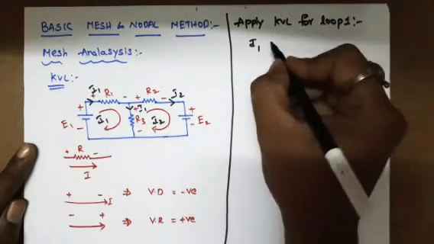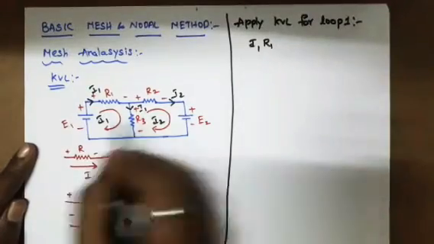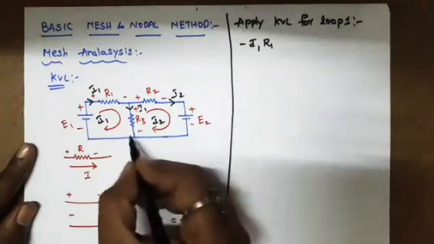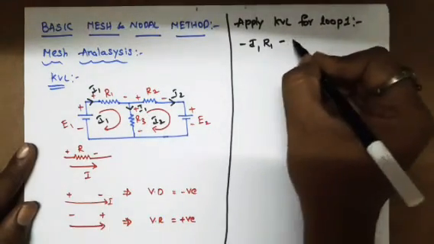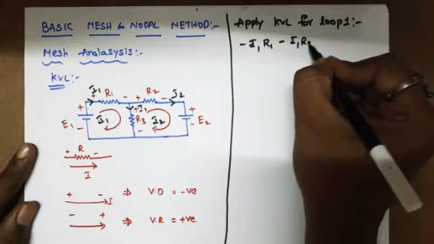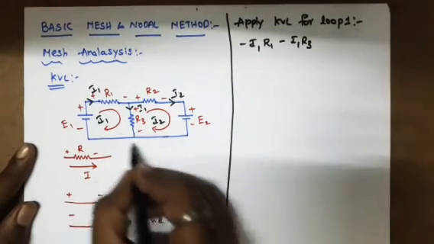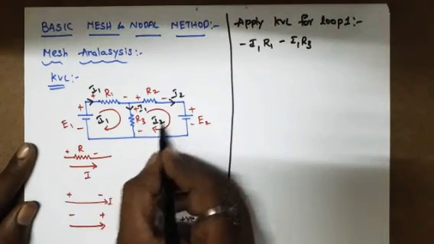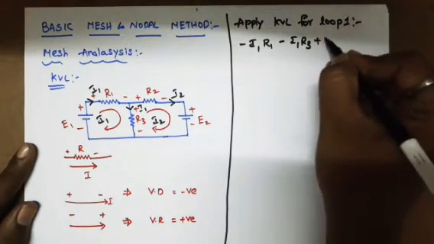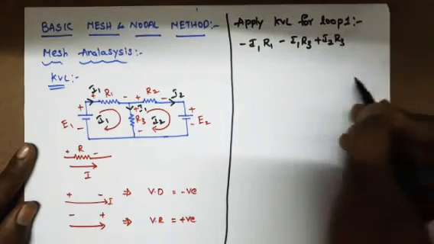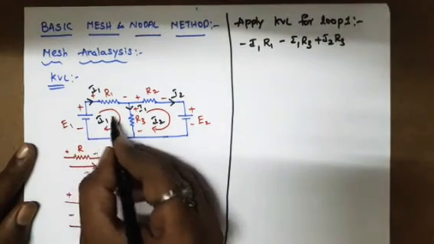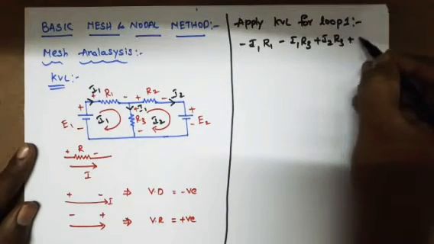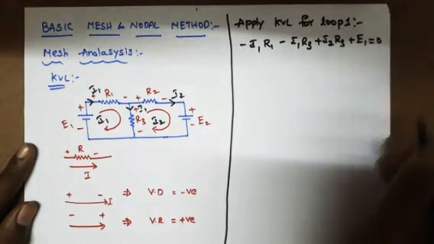So I1 R1, here positive to negative, so a negative sign: minus I1 R1, and again positive to negative, minus I1 R3. And here the current in this loop flows from negative to positive, so plus I2 R3, and again here the current flows from the negative terminal to the positive terminal, so we take the positive sign, plus E1 equals 0.